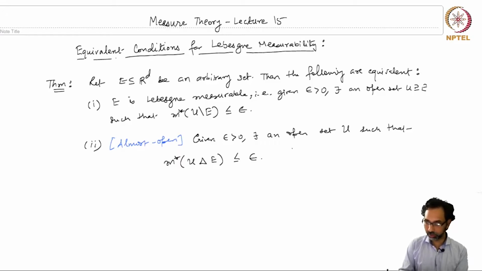So here the difference from one is that E may not be a subset of U.